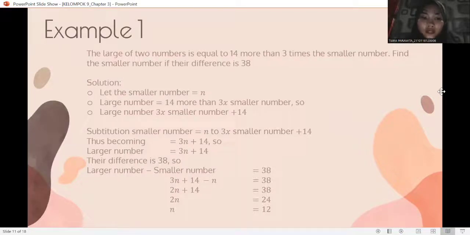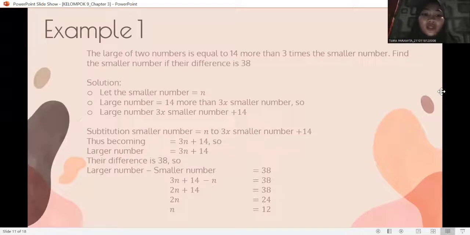The solution is, let the smaller number equal n. The larger number is 14 more than 3 times the smaller number, so larger number equals 3 times the smaller number plus 14.